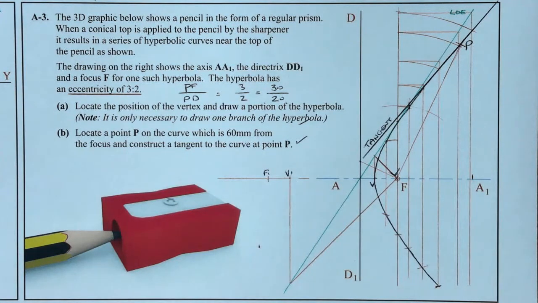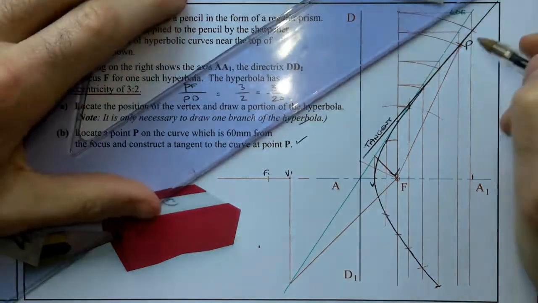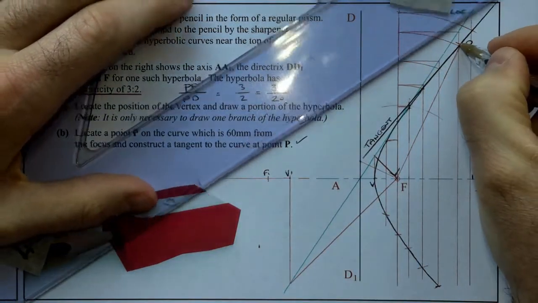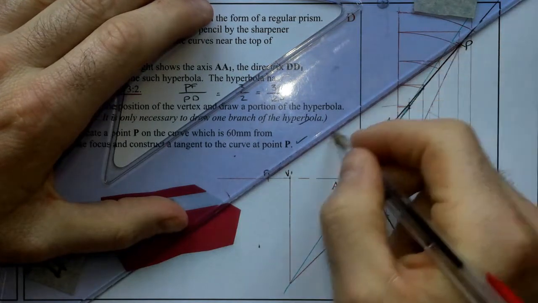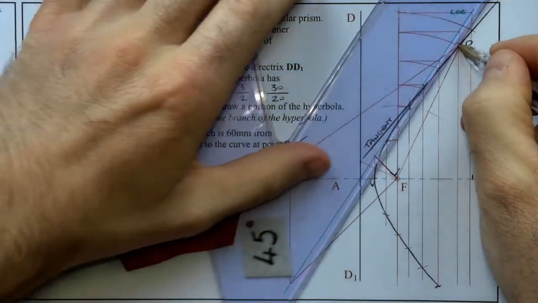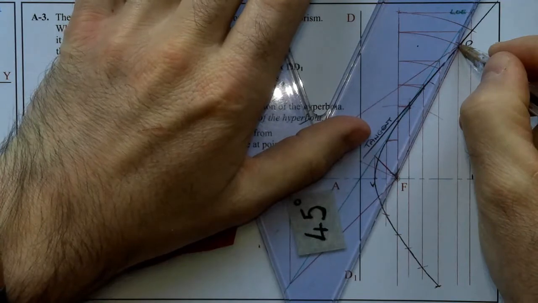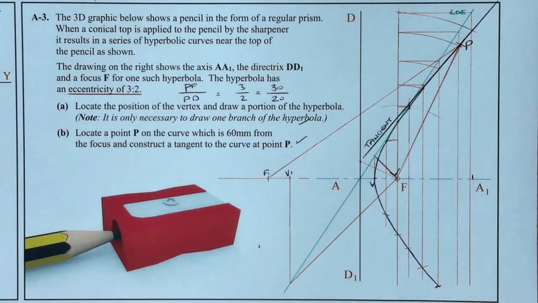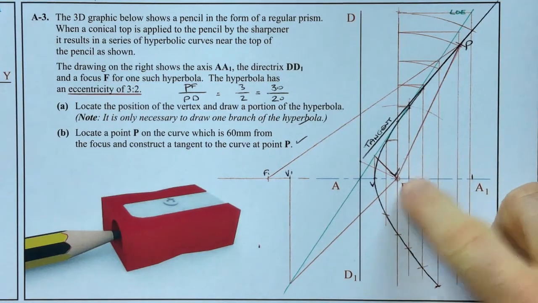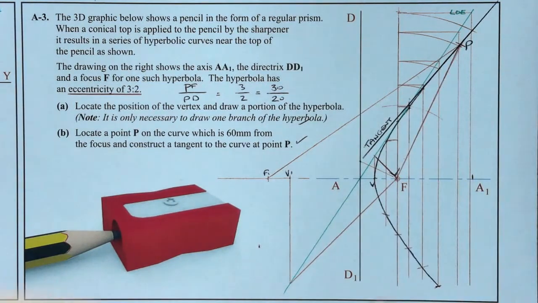And what you could do then is connect F1 to P, like that, like I've connected F to P, and hopefully my accuracy works out. What I could do then is bisect the angle between FP, F1.